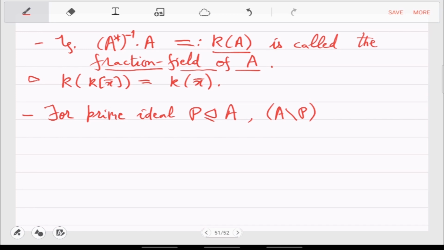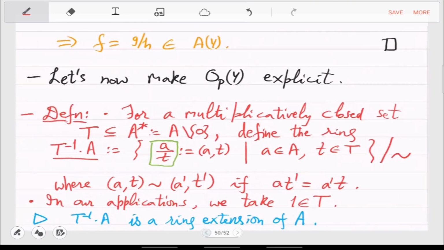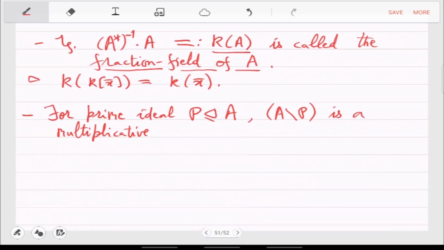The product has to be there, because if it is not there then it will be in P, but it can't be in P because P is a prime ideal, right? So one of the factors has to be in the prime ideal. So basically this is a multiplicatively closed set.